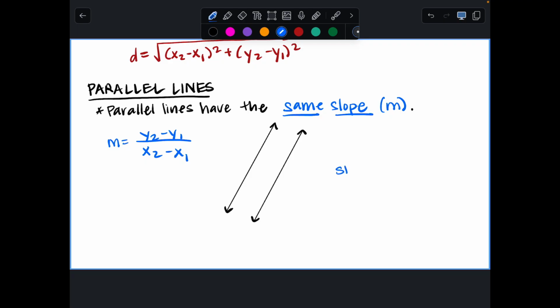And slope is rise over run. So that is the vertical distance and the horizontal distance, rise over run. So it is the same for lines that are parallel. Those are the little marks for parallel lines.